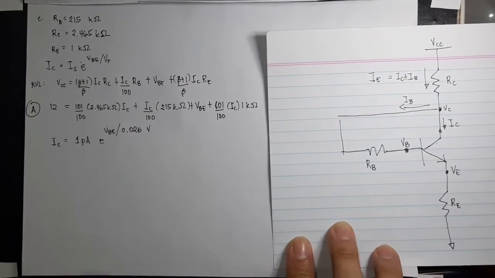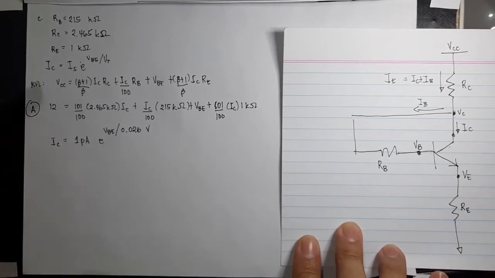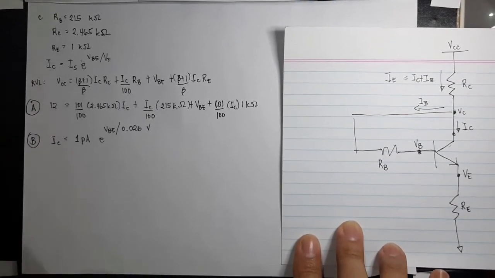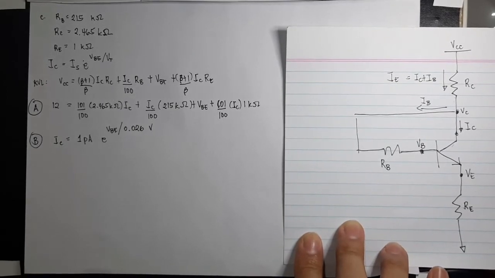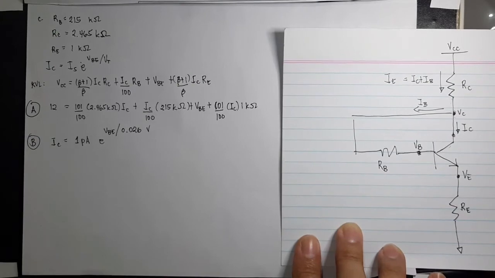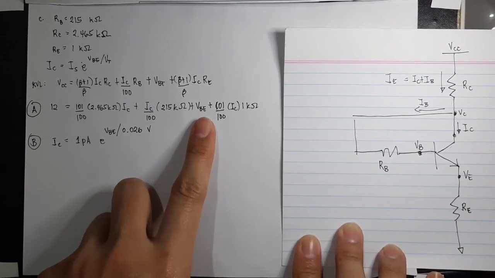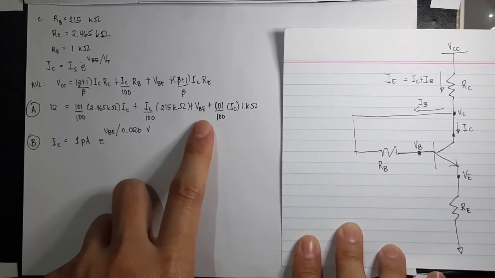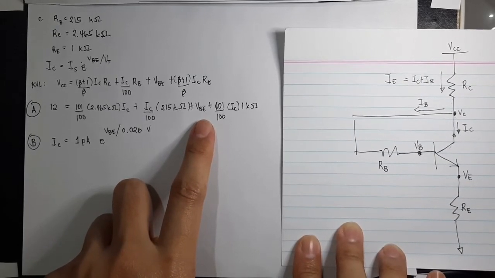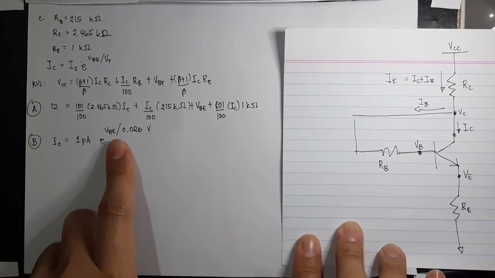Okay, so we have equation A and we have equation B. So what we can do is we can substitute this expression, then using our calculator we can solve for VBE. Or yeah, better yet, isolate na muna natin si VBE.